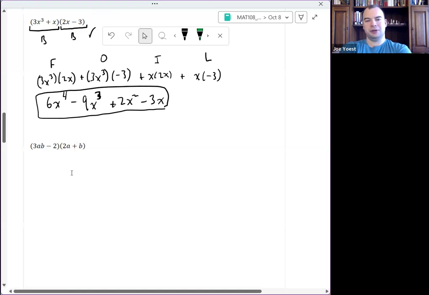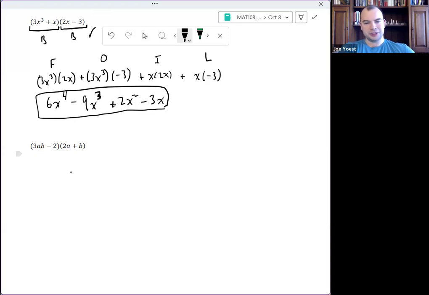Okay, let's look at this next example then. Again, here I have something that looks complicated. I have two variables, in this case, a and b. What effect does that have? Well, I still have just a binomial times a binomial. I have two terms multiplied by two terms. Same structure here. The details of how I take each term and multiply things out and combine common factors might look a little bit different, but the overall strategy looks the same.